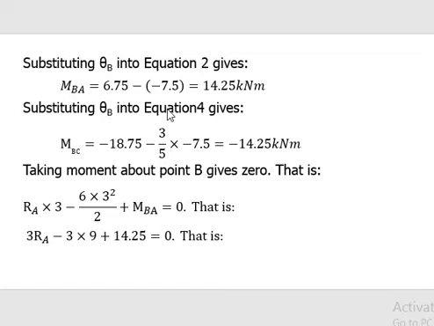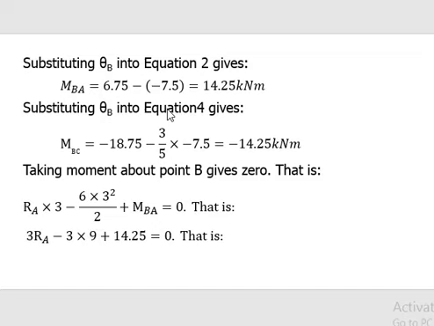Substituting theta B into equation 4 gave us MBC as minus 14.25 kilonewton meter. Then MAB and MCB are zeros because they are end supports that are pinned. So we've got the 4 moments: MAB 0, MBA 14.25, MBC minus 14.25, and MCB 0.